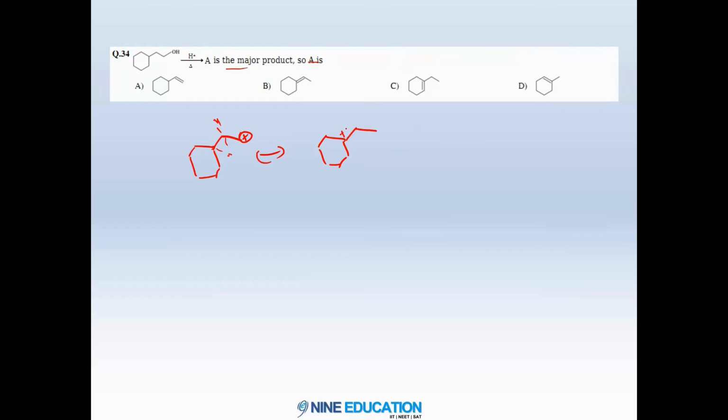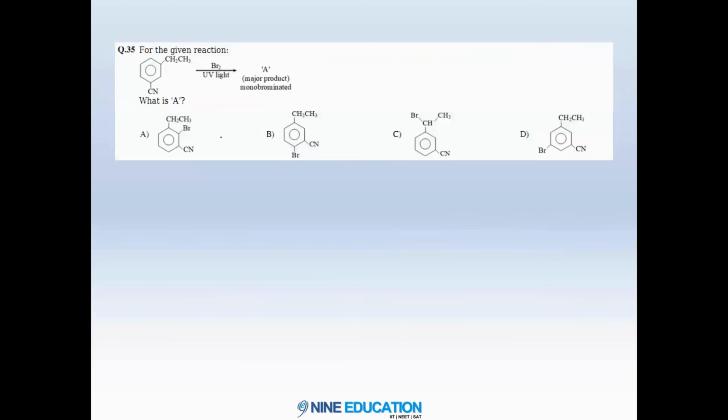So it would go here and create a 3 degree carbocation, which is going to be more stable. And then after that you have the removal of hydrogen. The removal of hydrogen can happen here as well as here, but naturally it would happen here because it will result in a more substituted alkene. So that is a simple Saytzeff rule.